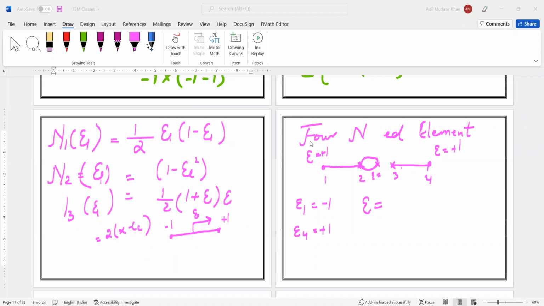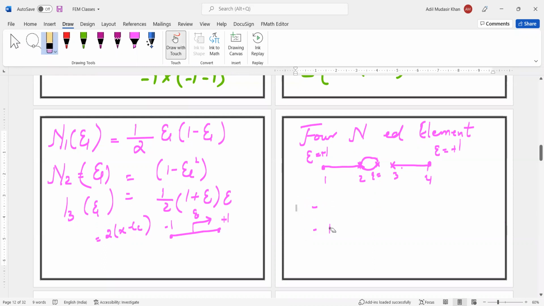Let me clean the space, sorry. We are having four nodes, so we can therefore write it as: we have four nodes.